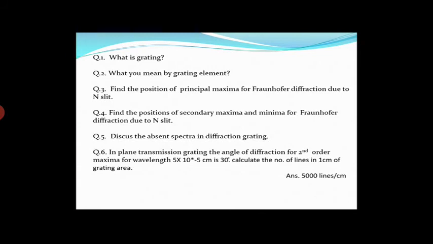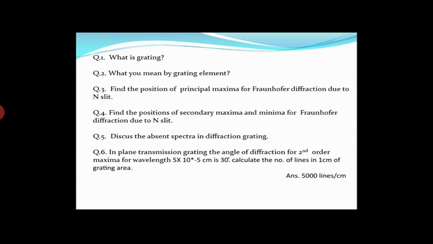The next question is, find the position of principal maxima for Fraunhofer diffraction due to N-slit. The next question is, find the positions of secondary maxima and minima for Fraunhofer diffraction due to N-slit. The next question is, discuss the absent spectra in diffraction grating.